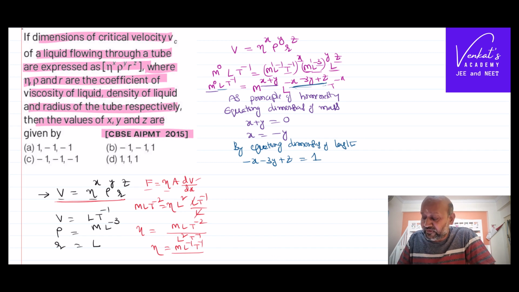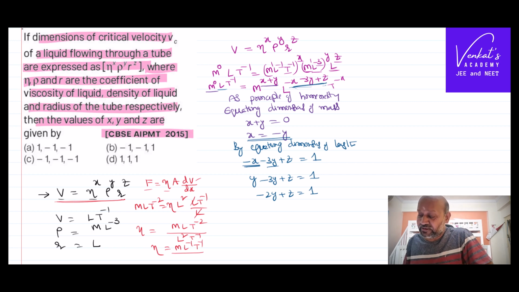But we have found already that x equal to minus y. So in the place of this minus x, I can write y. In the place of minus 3y, I will write minus 3y plus z equal to 1, so that I am able to eliminate x. Minus 2y plus z is equal to 1. That's one equation we have got by equating the lengths, right?